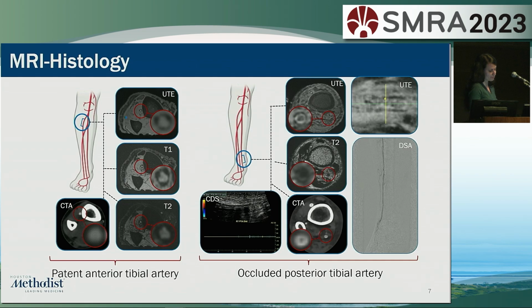And for example, in the case of the occluded posterior tibial artery, we can see that the ultrasound couldn't reveal plaque morphology because the acoustic shadowing decreased the image quality and didn't allow the examiner to see the detailed plaque morphology. On the DSA, the plaque morphology is also limited. Usually we can see somewhat of the calcified plaques, but not the detailed plaque properties.